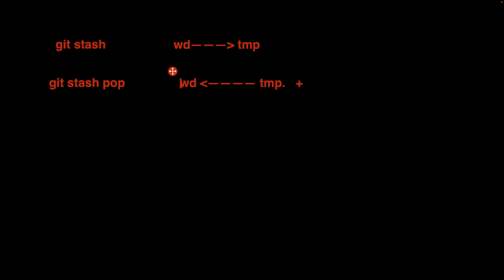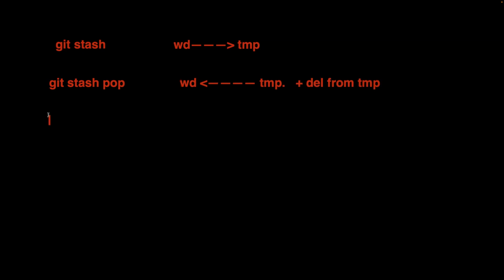Okay, let me summarize here. Git stash will move changes from the working directory to the temporary shelves. Then you have git stash pop. What this will do is get changes from the temporary shelves to the working directory, plus delete from the temporary shelves.